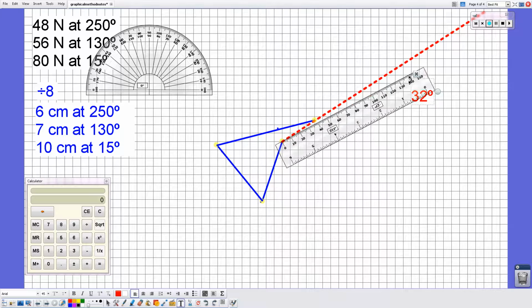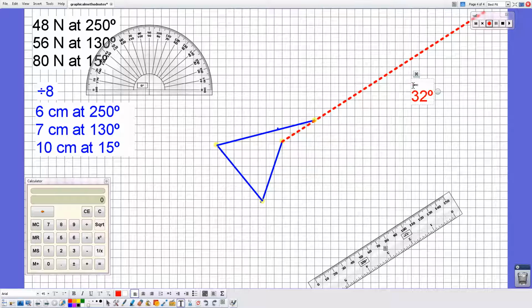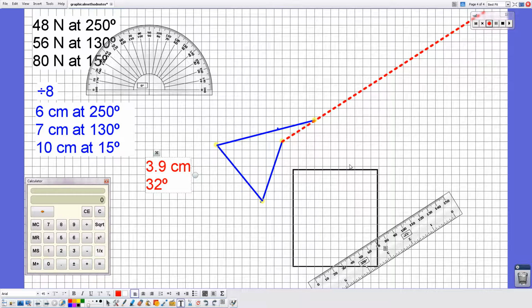Remember, if you measure at end to beginning by accident, you're going to get the wrong angle. So I just double-checked in my head real fast, but I am measuring it right. So now for the length, that looks to me like 39, so 3.9. So 3.9 centimeters at 32 degrees.